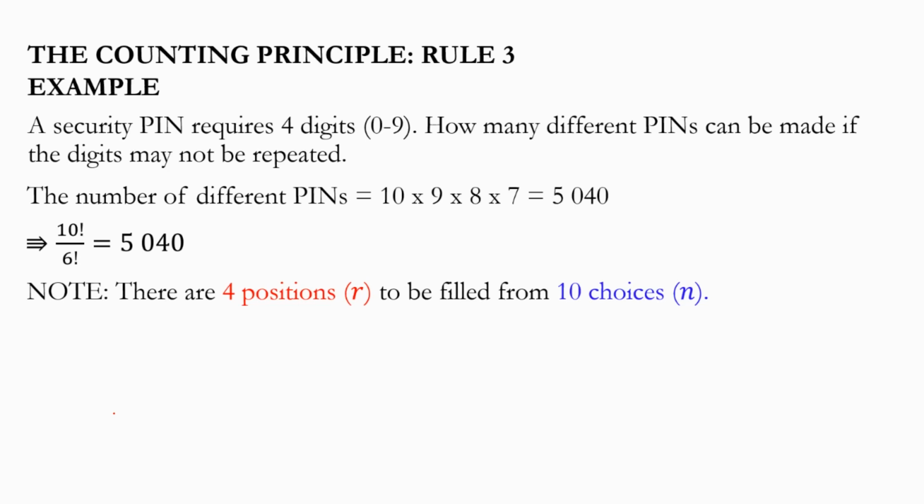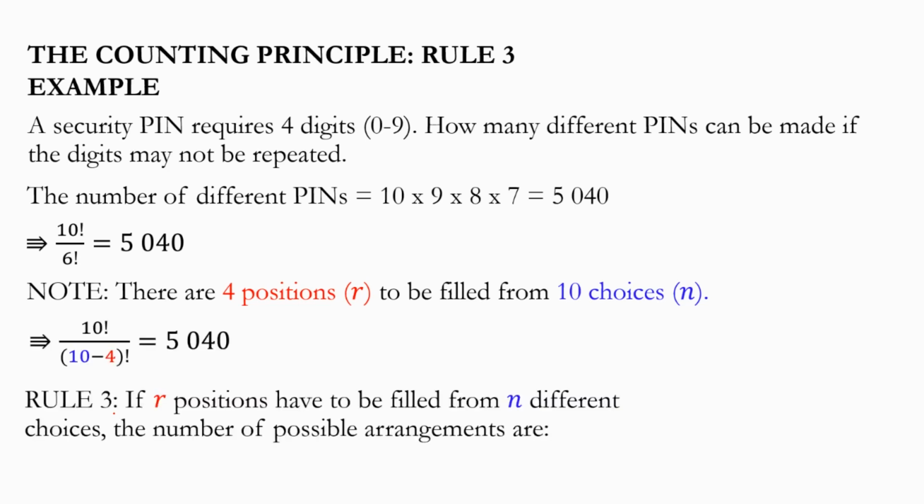So actually, rule 3 says, if R positions are to be filled from N different choices, the number of possible arrangements are N factorial divided by N minus R factorial. Like here we had our N, which is 10, and R, which is 4. You see that? So we can use this.